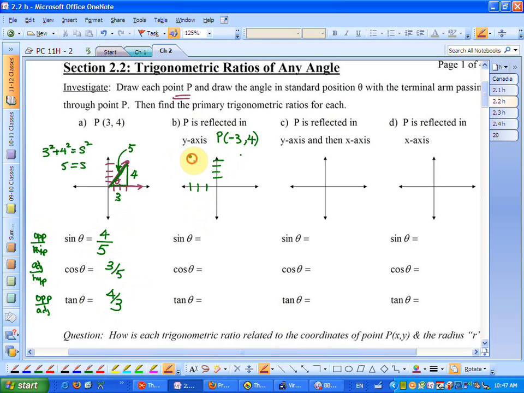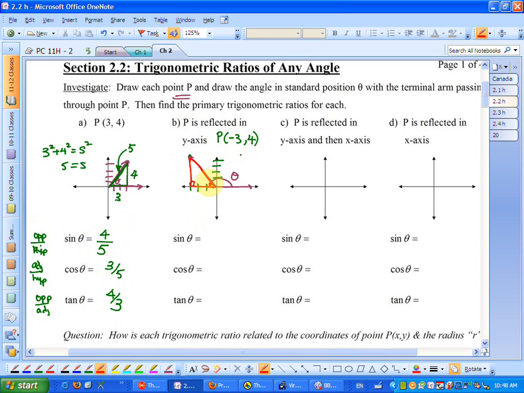Draw your terminal arm. Draw your angle in standard position, which is over here. But once again, I'm looking for that reference triangle to help us find the ratios. And the reference triangle is this one over here using the reference angle.